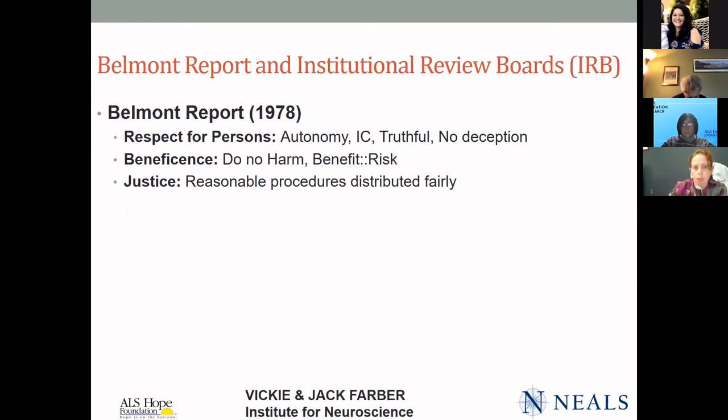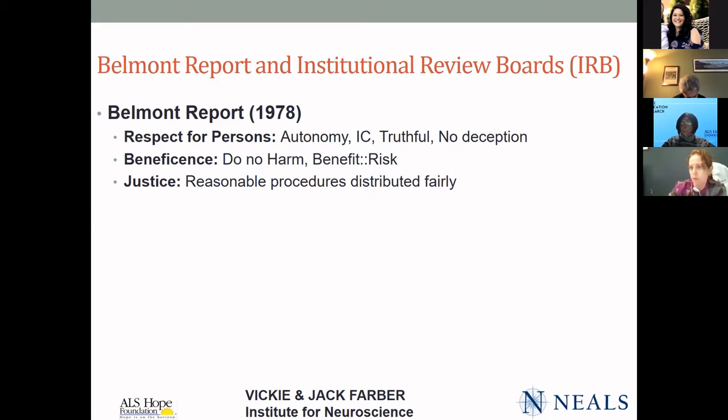So the Belmont Report was done in 1978. It has three major principles: respect for persons, beneficence, and justice. Each one of them has additional elements. Respect for persons is through autonomy of making your decision, informed consent, truthfulness, and no deception.